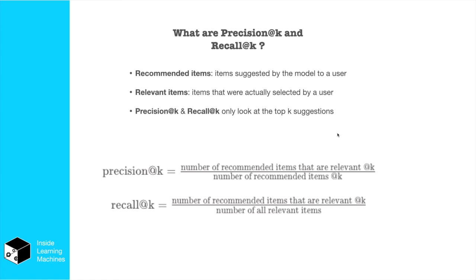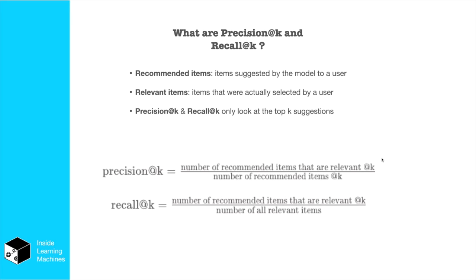Now here is how we actually evaluate precision at k and recall at k. So precision at k is given by the number of recommended items that are relevant at k divided by the number of recommended items at k. And so this just measures the percentage of recommended items produced by our model that actually end up being relevant to the end user.